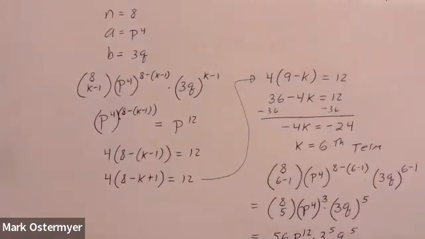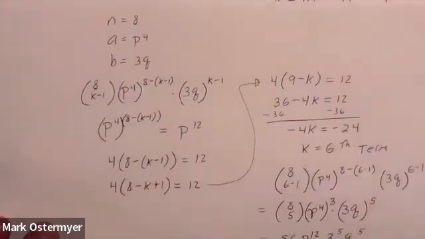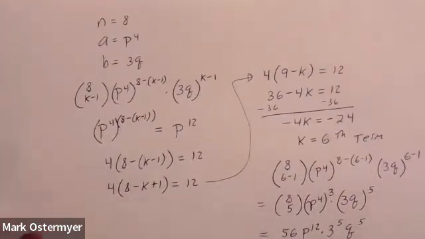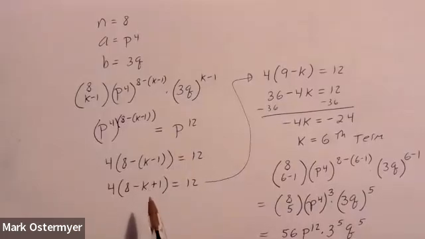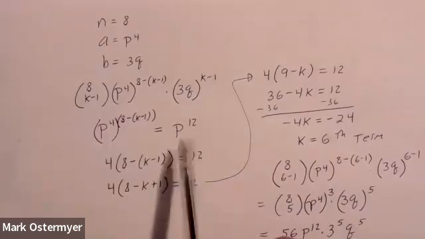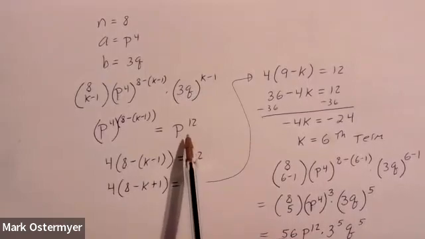Okay, so notice n is equal to 8. Our first term is p to the 4th, and our second term in our binomial is 3q. We want to find the term that contains p to the 12th power as a factor.